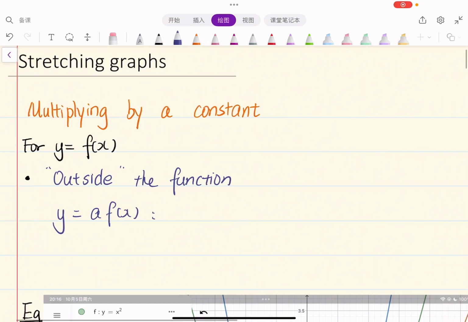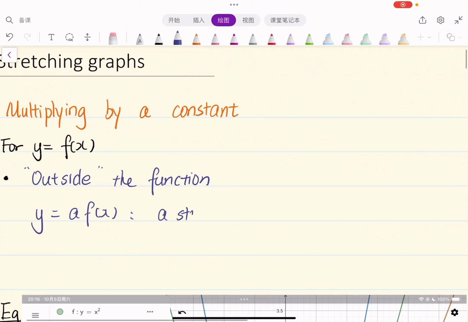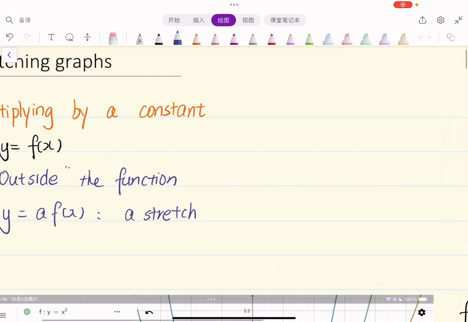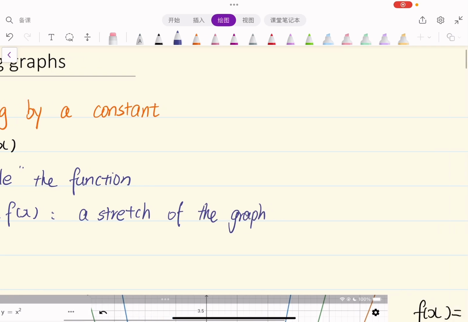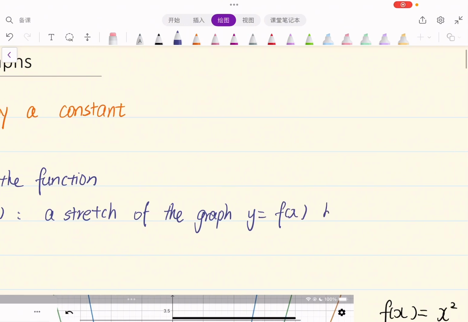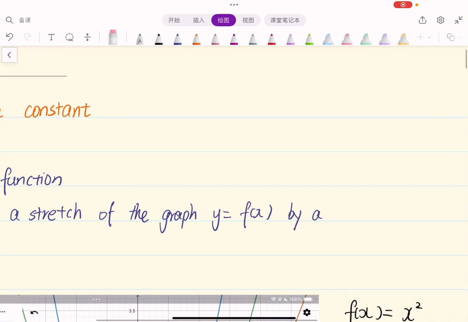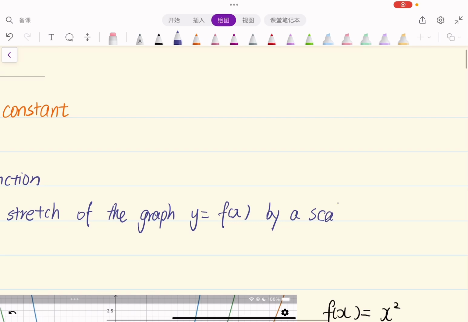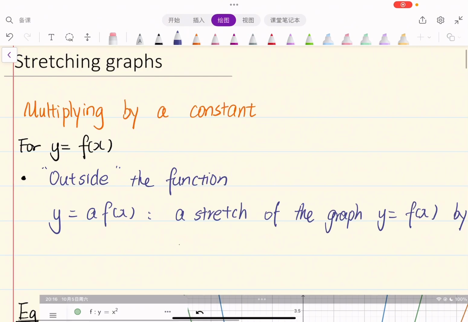It means a stretch of the graph y equals f(x) by a scale factor of a in the vertical direction.